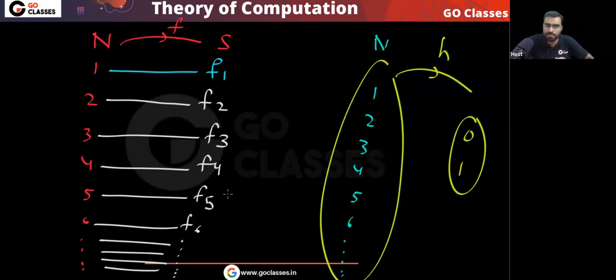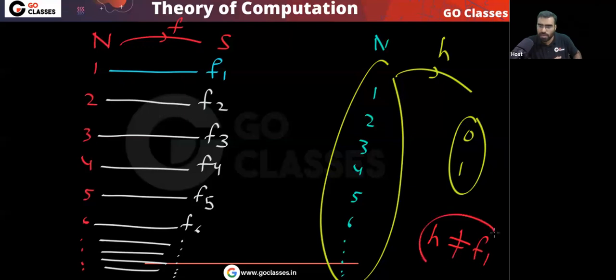Anyone want to help? This h must be different from f1. I want to make sure that h and f1 are different. How to do that? Any idea?